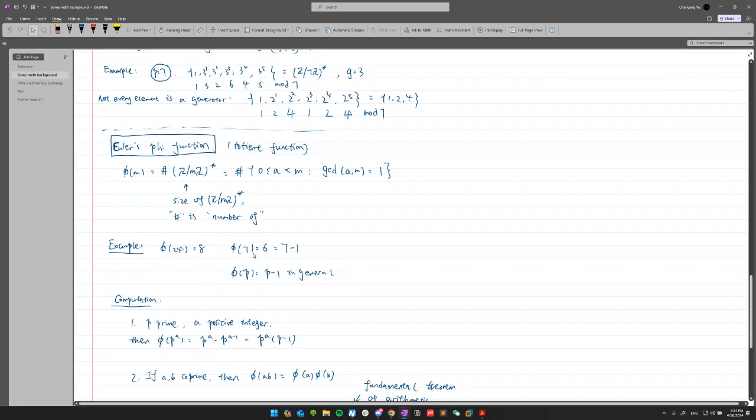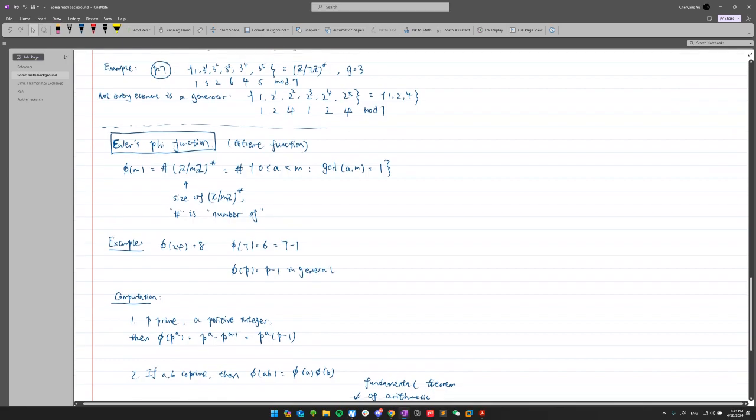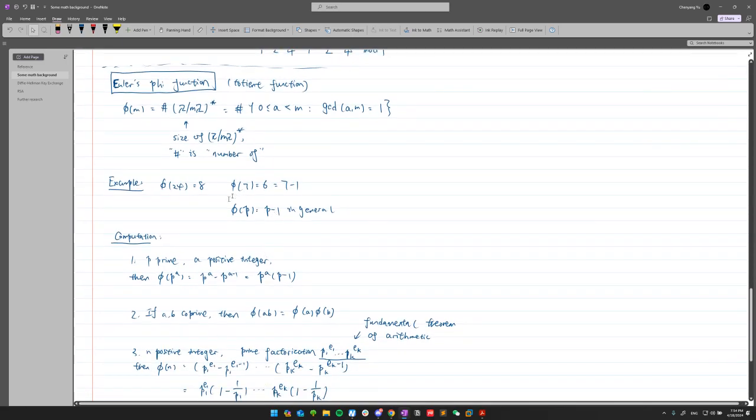For the Z mod 7Z case, you will have phi of p equals p minus 1. This is pretty important. This is used in RSA, right? Because every element has an inverse. So every element has the coprime property. So this holds in general.